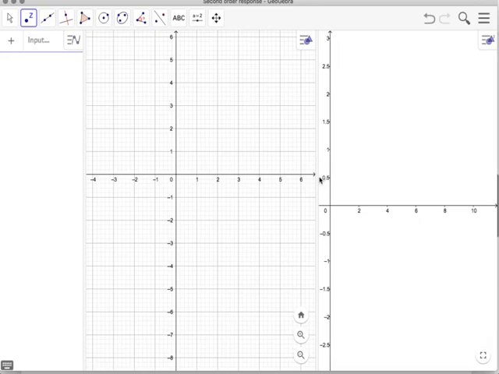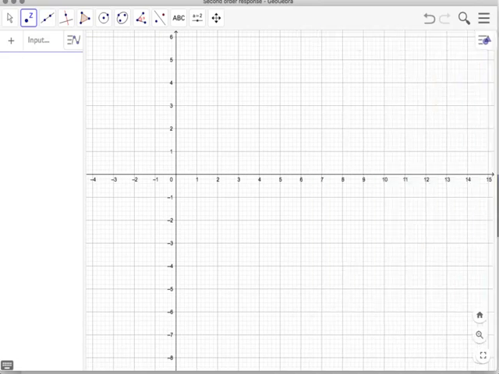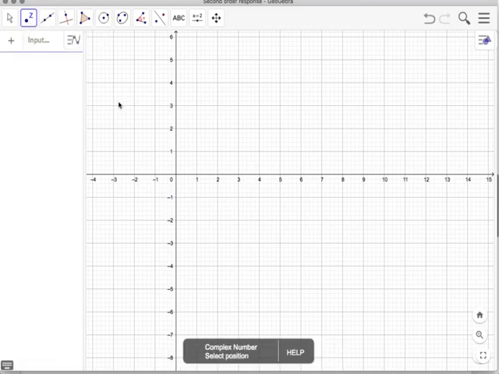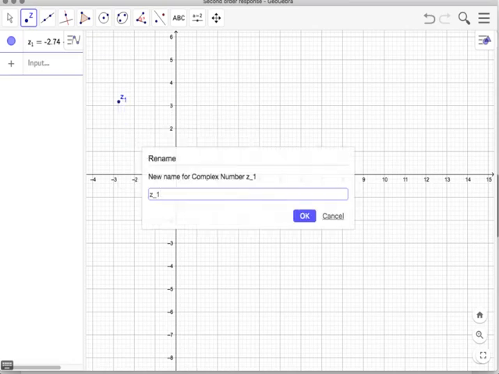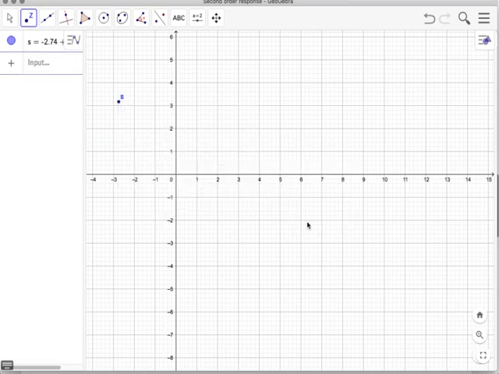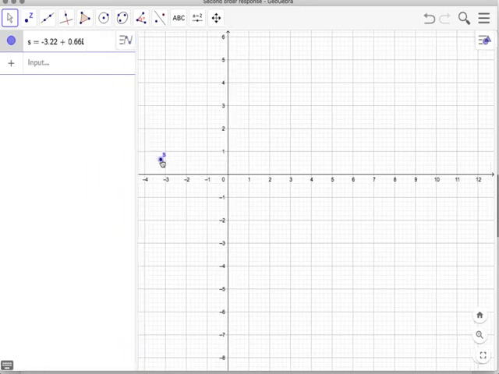The nice thing about GeoGebra is that it actually has quite rich support for complex numbers. So I can create a complex number, I can call it S, and at this point I can move S around the plane, and GeoGebra will show me the real and imaginary values.